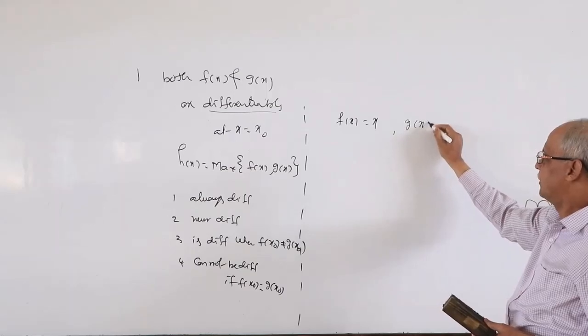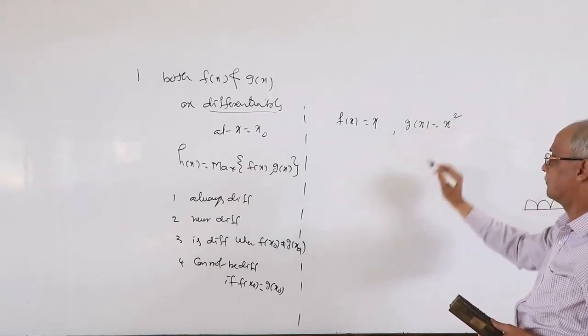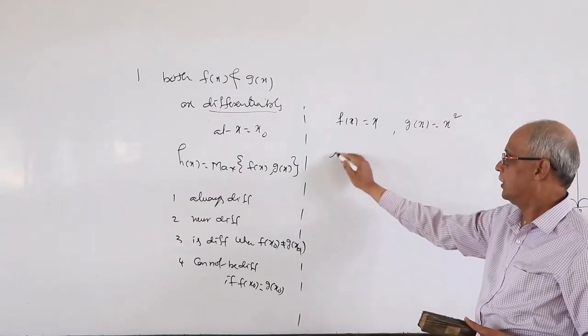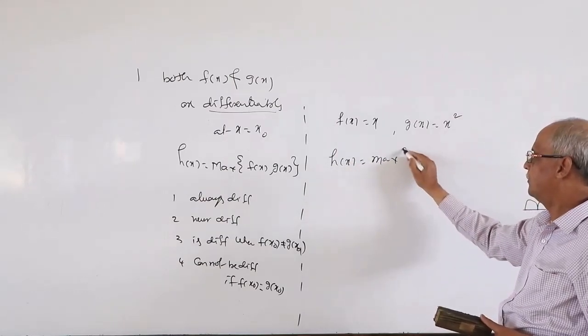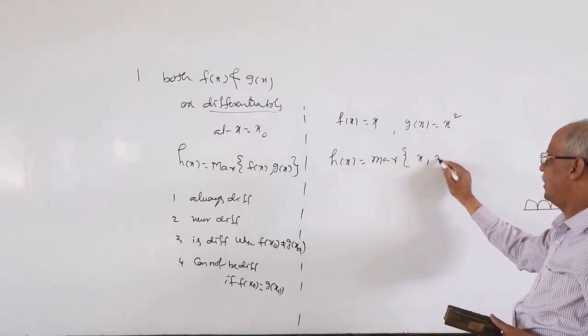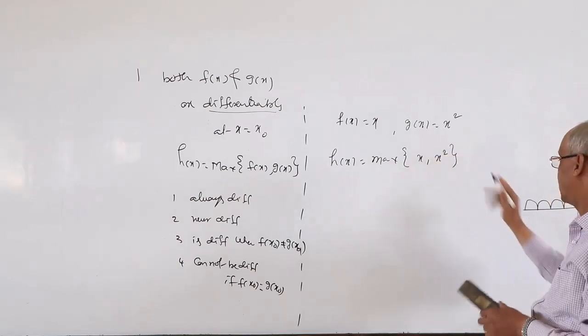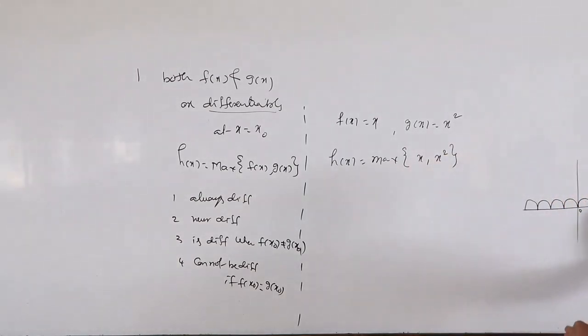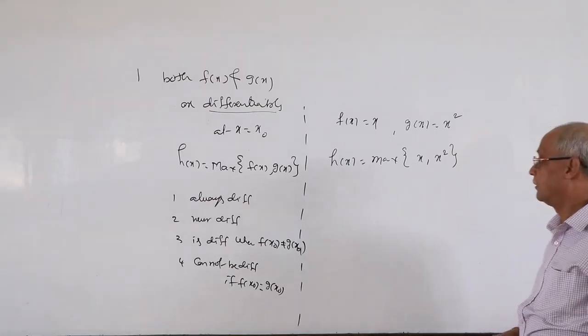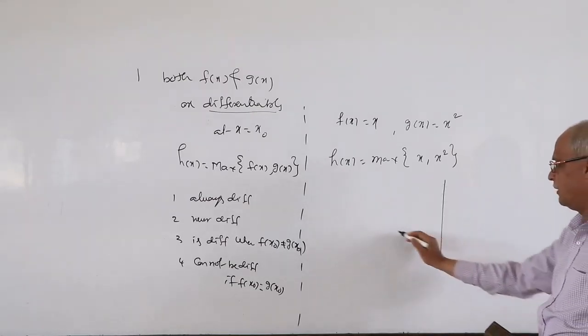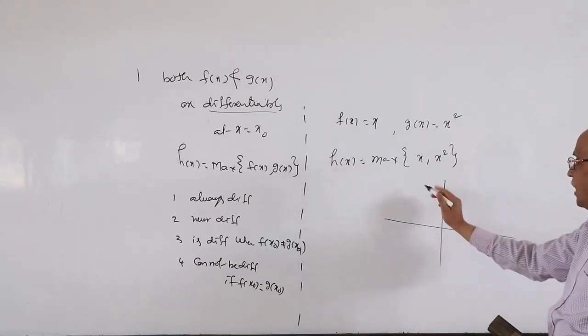Take g of x as x square, another curve. H of x is equal to maximum of x comma x square. Why am I taking this example? Already we discussed this in continuity with the minimum, and we already know the graph also. What is the graph of this?